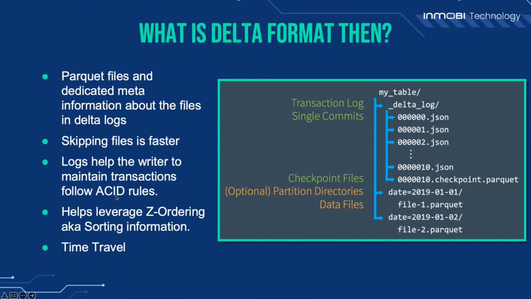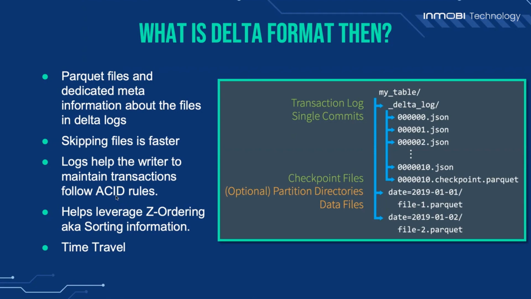The ACID rules are maintained by that particular thing only: they never overwrite the file in actual, they recreate a new file and then put it. It will not impact read or write performance, but it will definitely take some amount of your storage.